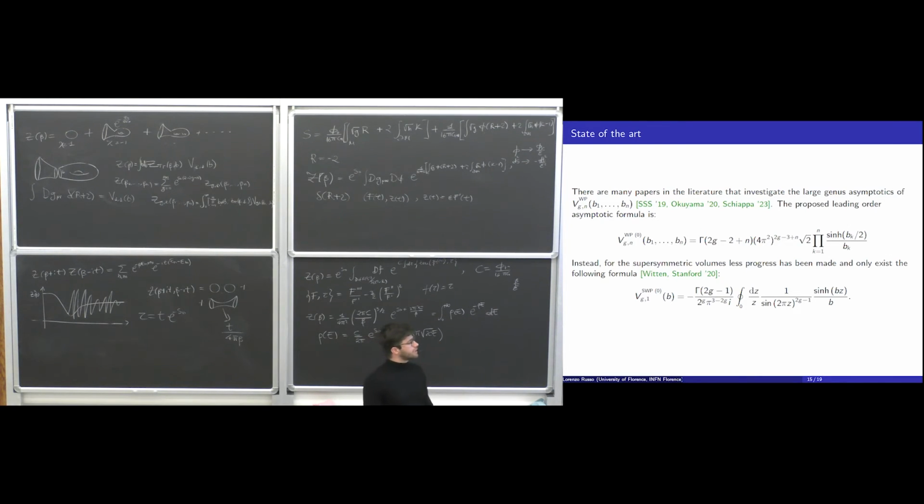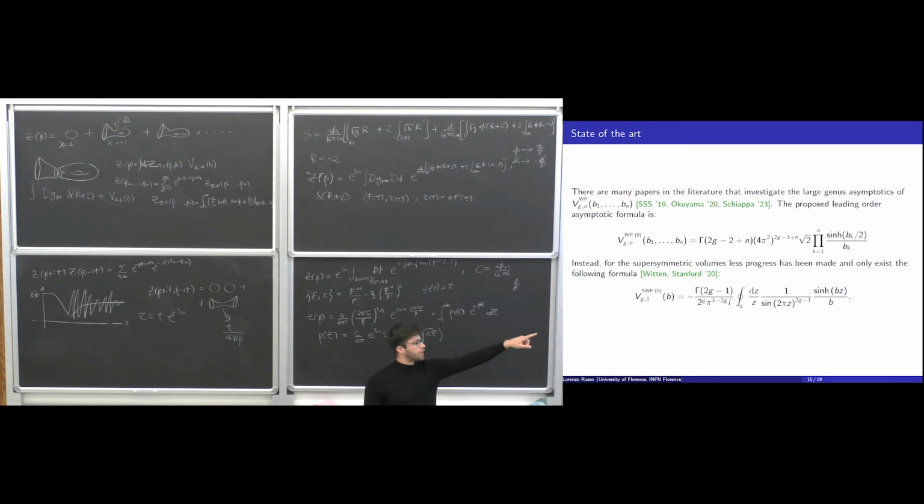For the supersymmetric case, much less is known, and there only exists a formula proposed by Witten and Stanford with this integral representation in the case of one single asymptotic boundary. So what I'm going to do now is present some new formulas that generalize this Witten conjecture to the case of n asymptotic boundaries, and that respect the polynomial structure of the volumes, as Witten's formula does.